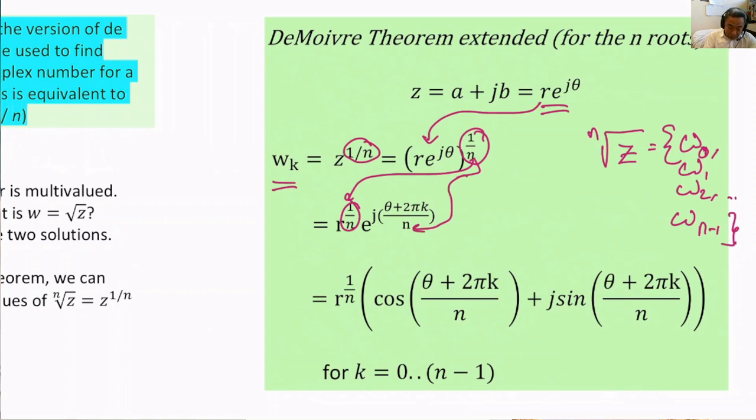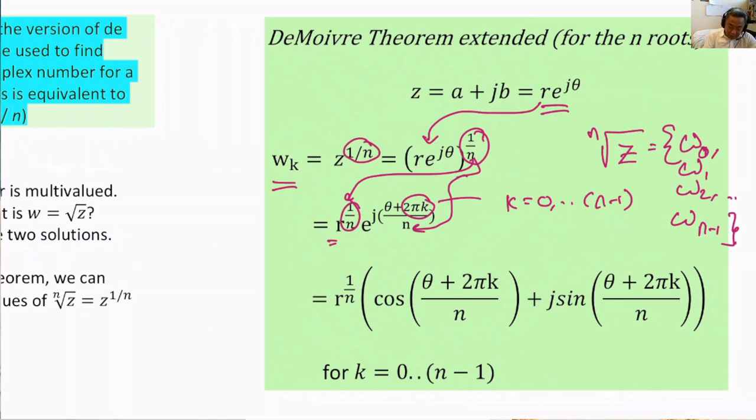So the modulus is exponentiated by 1 over n for the root, and the angle is theta divided by n. But then you realize that we want k equals 0 up to n minus 1 to get all the nth roots.